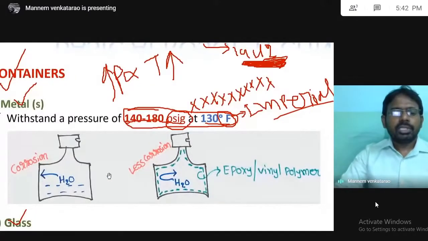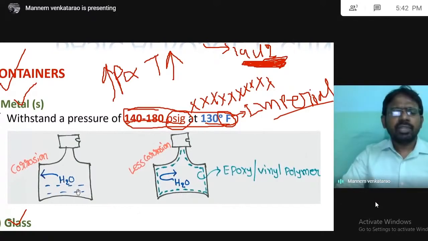So observe, this is the metallic container. If the aerosol product contains any water, that moisture will touch the internal walls of the metal. Once the water touches the metal, observe H2O, there is a presence of oxygen.